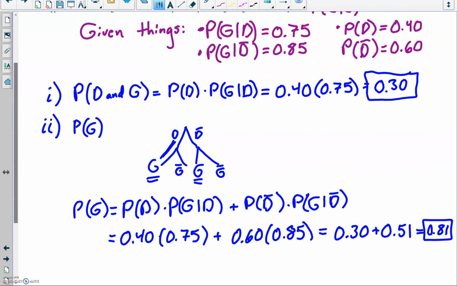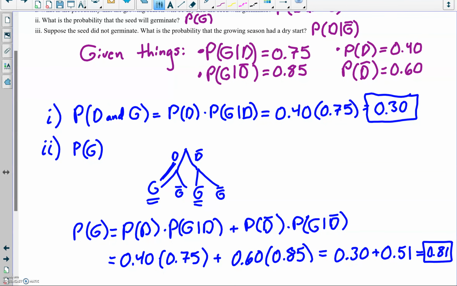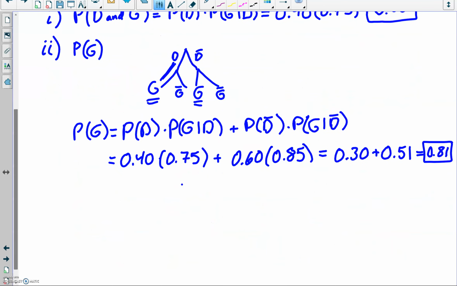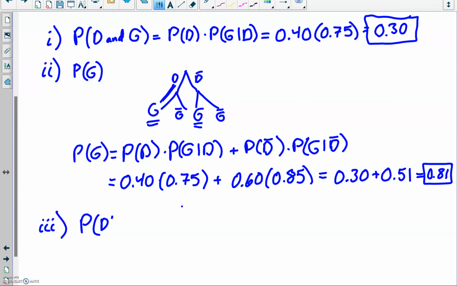Not too bad. Okay, so then the last one, we're supposing the seed did not germinate, so that was our given condition, and then we want to find the probability that the growing season had a dry start based on this information. And this one uses Bayes' formula.